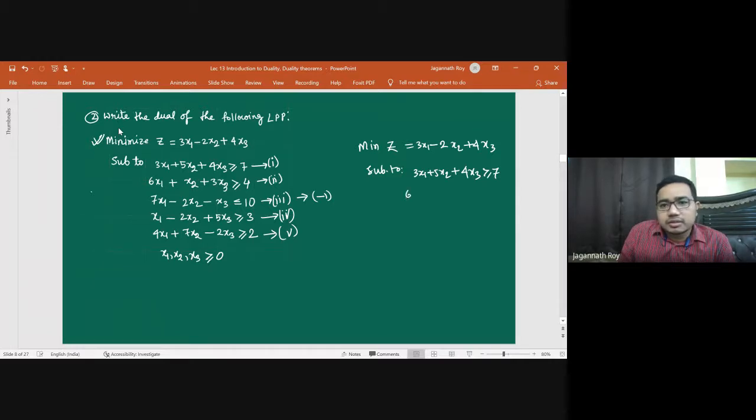Then 6x1 plus x2 plus 3x3 greater than or equal to 4.